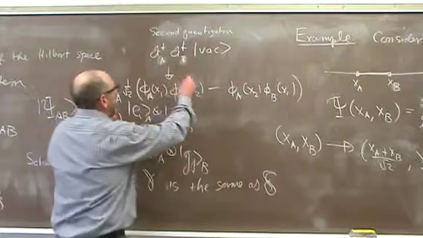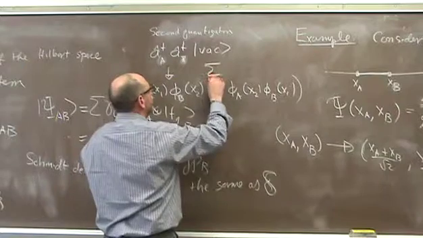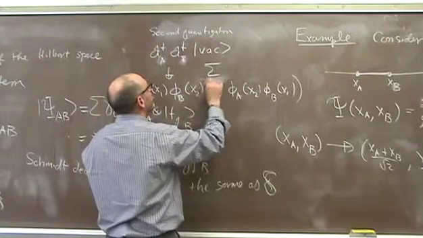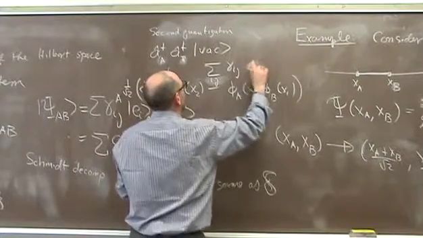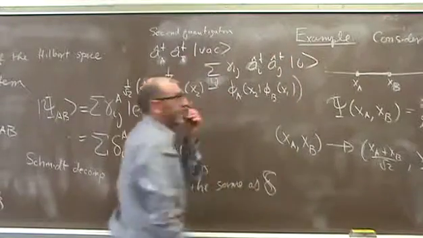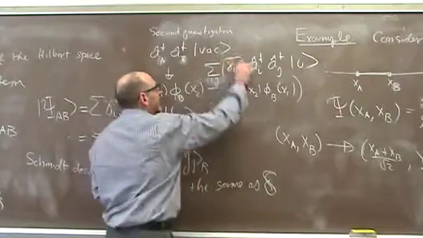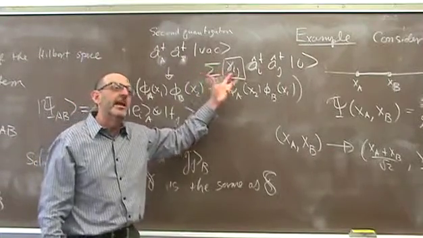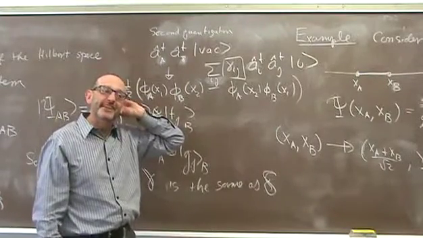If I had some general set of orbitals, and let's just say I have two particles, so this is a general two-particle state, then I look at this matrix and do a Schmidt decomposition of it, and that tells me the effective amount of entanglement that's useful in the system. But it is quite subtle indeed.